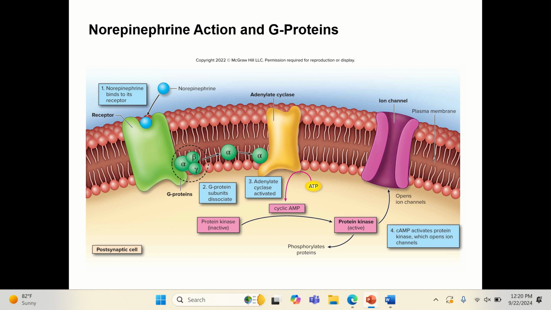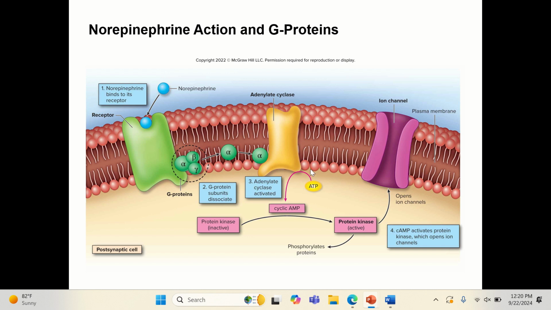So here in figure 7.31, we see norepinephrine action requiring G proteins. So the binding of norepinephrine to its receptor causes the dissociation of G proteins, binding of the alpha G protein subunit. So this time we're doing the alpha subunit, whereas we saw beta-gamma in the last example with acetylcholine.